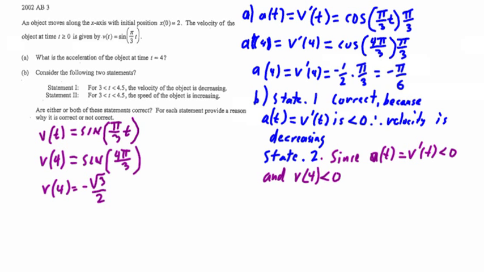By the way, I should put 4 up here for that, shouldn't I? Since a of 4 equals v prime of 4 is less than 0, and v of 4 is less than 0, right? Because we had negative square root of 3 over 2.